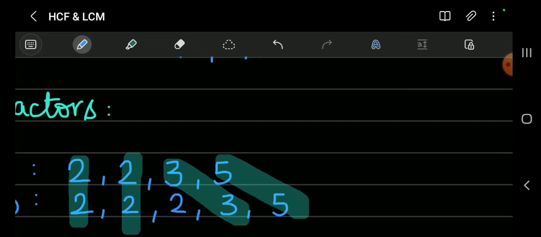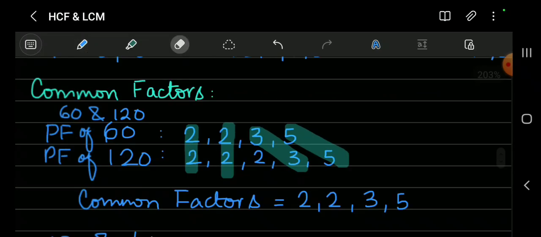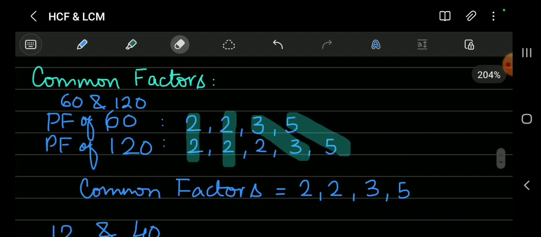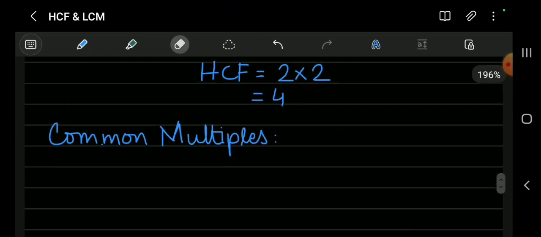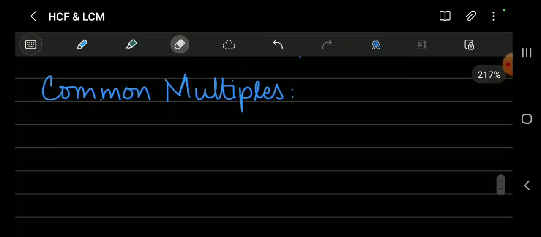You can just simply multiply numbers to write, like if you have 8, you can find its common factors by multiplying 2 times 4 and 1 times 8. So you can do it by listing method as well. In common factors, it is not a very good way to do it, because we need prime factors. But in case of multiples, you can do it.